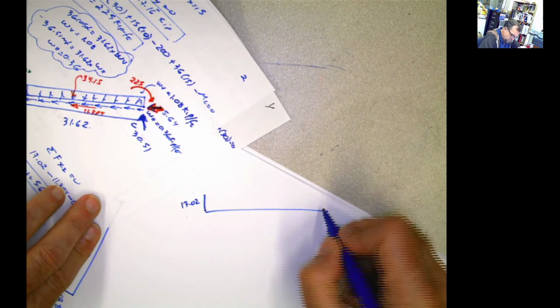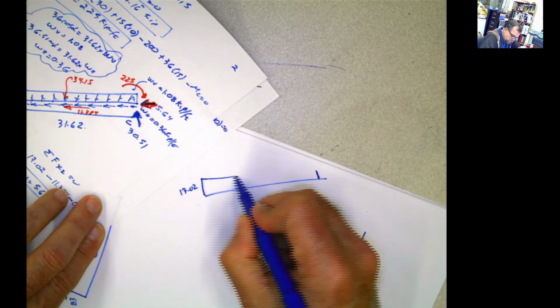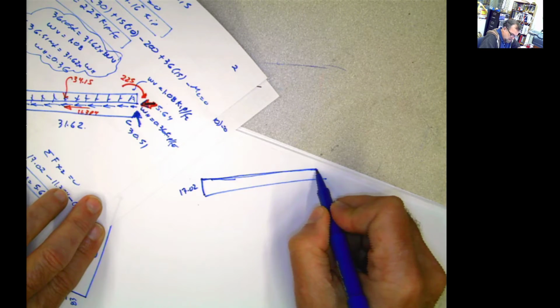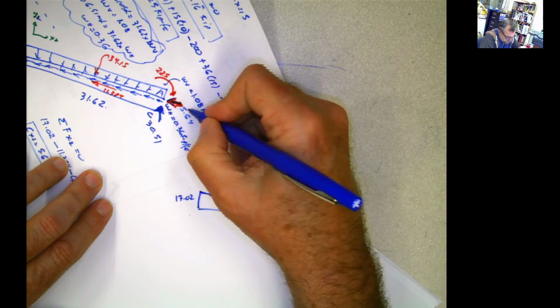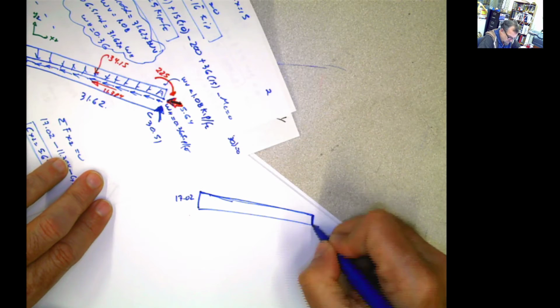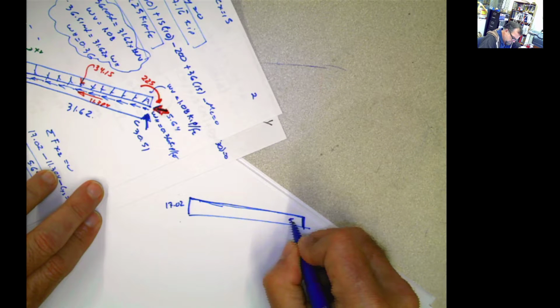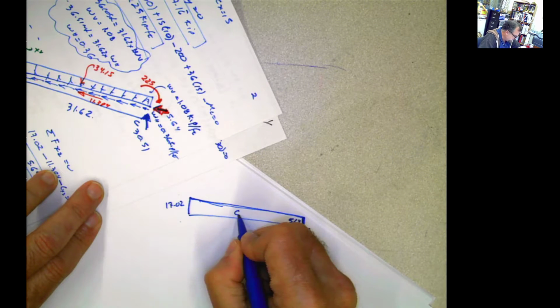So 17.02 minus 11.384, meaning this is going to be a constant negative slope, like that. And then I find this other force of 5.64, closing it down right there. I told you I'm busy. 5.64. And everything is in compression.